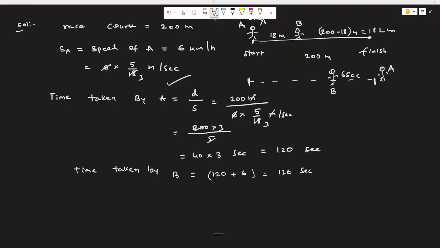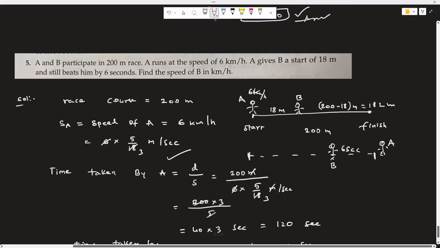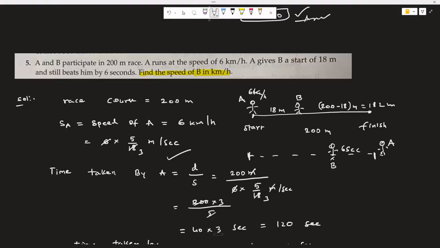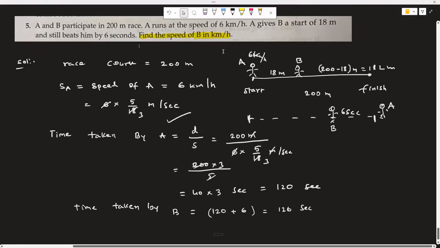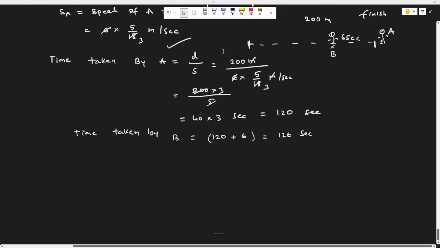And how much distance does he have? We need the speed of B in this problem. To calculate speed, we require distance and time both.